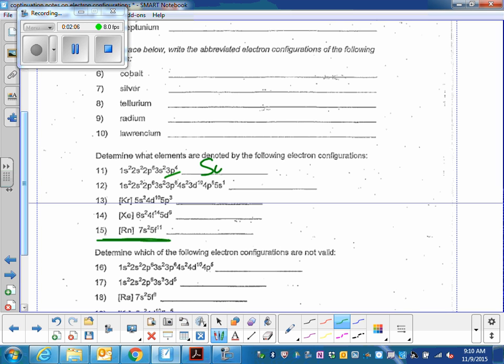The given element is sulfur. It's a quick and an easy method. But remember, there are many exceptions to writing electron configurations. Did you understand what I did there? Any questions on that?